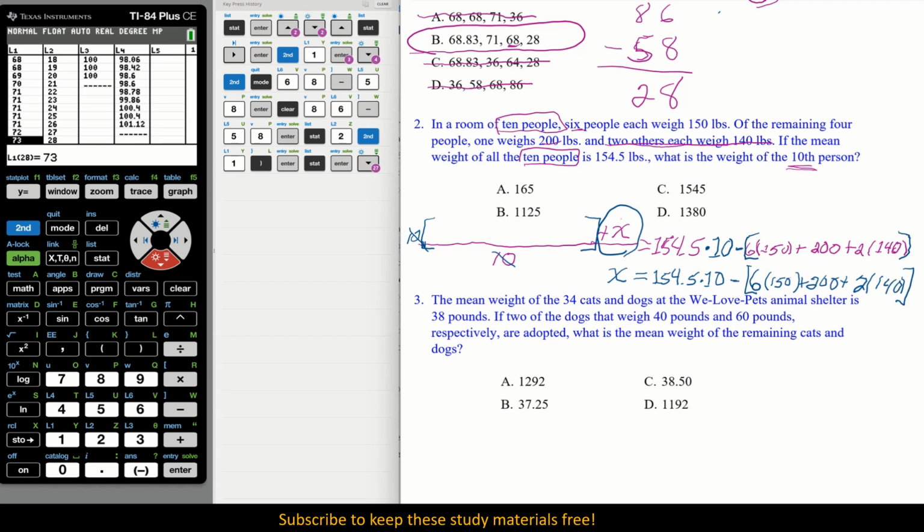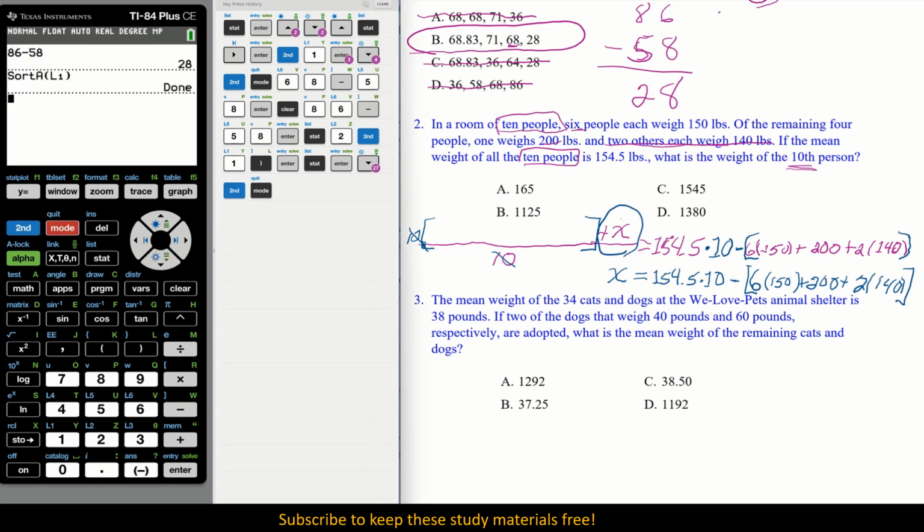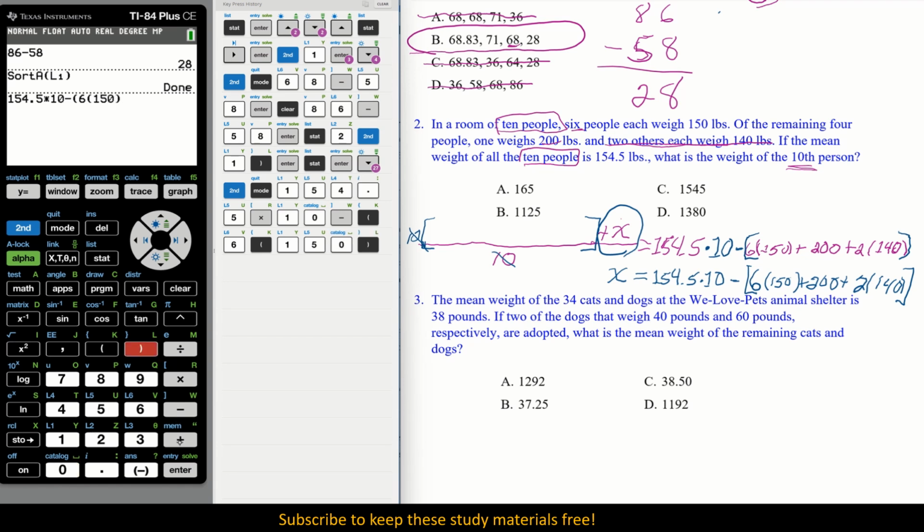Okay, so let's enter this in the calculator. So second mode, right? So we will say 154.5 times 10. But now we're going to subtract the entire expression of 6 times 150 plus the 200 plus the 2 more people at 140.